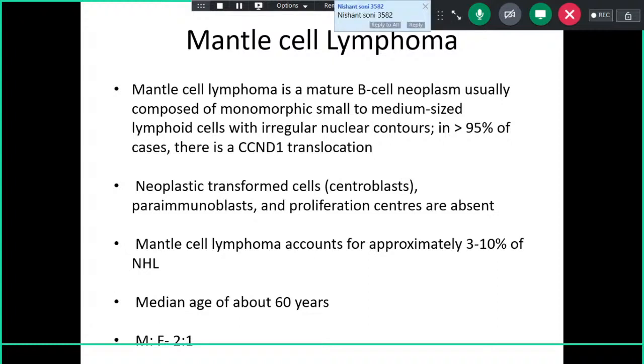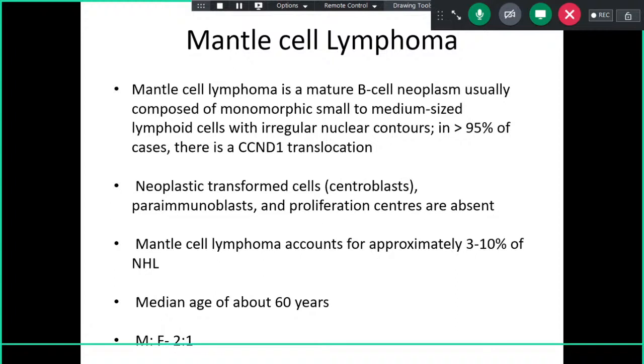Next comes the mantle cell lymphoma. As shown in the picture, it arises from the mantle zone, right? And which type of cells are in the mantle zone? It is the naive cells. They arise from the marrow, mature, and come directly to the mantle zone, from where they have to go to the follicular center, where antigen stimulation, immunoglobulin maturation, and somatic hypermutation happen.